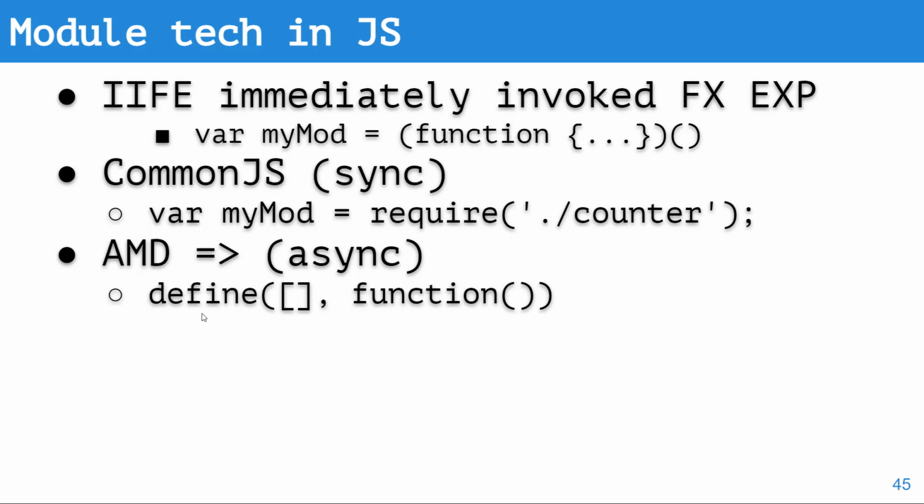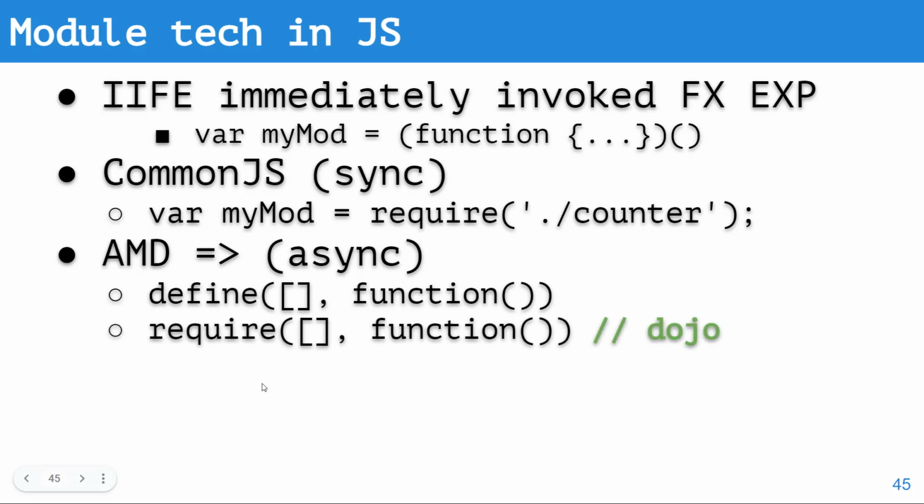You do a define, and then you have an array, and in that array are a list of modules you want to load, and then usually you have a function for each module. In that, it's done asynchronously, so there isn't some big thud as libraries come down, kind of concept, right? Yeah, require Dojo. Okay, so it's defined, but in the Dojo one, they flip the word define to require, because then it looks like these other ones, and that sort of thing.